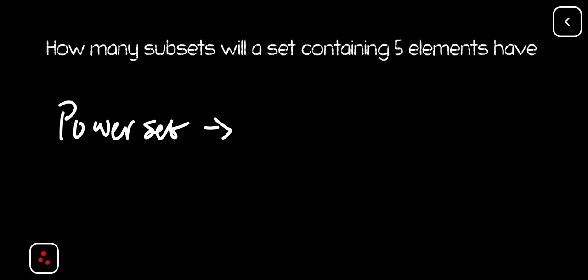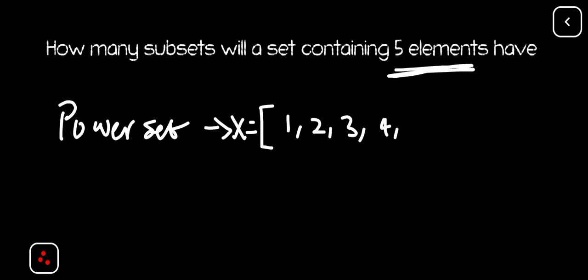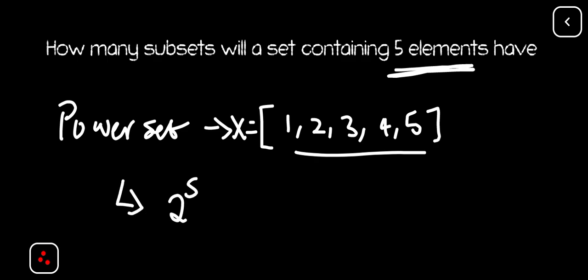But this time they want to know how many subsets you can get from 5 elements. So let's say a set X has 5 elements, maybe 1, 2, 3, 4, and 5. How many subsets can you get from this? But we already have a formula for power sets, which is 2 raised to the power s, where s is the number of elements.